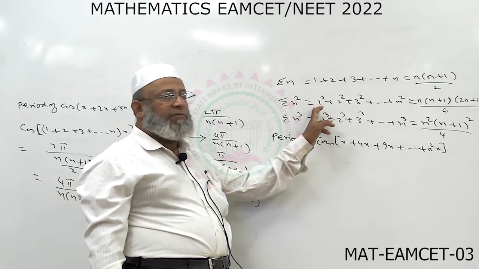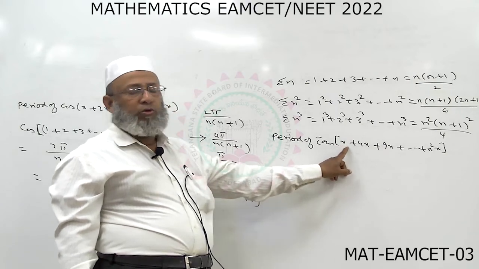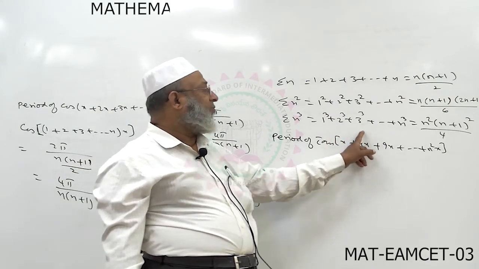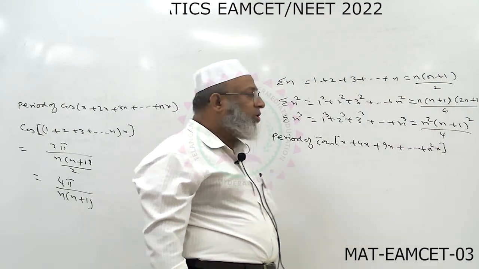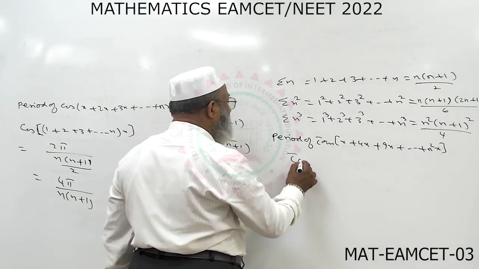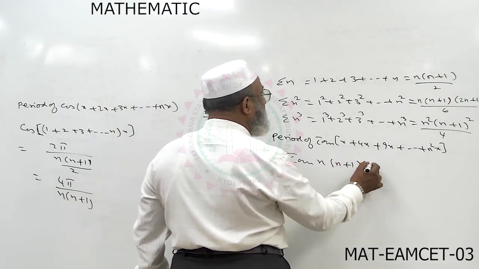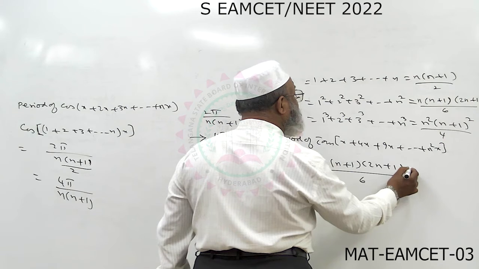What is the standard formula? 1 square plus 2 square plus 3 square up to n square. Here the coefficient is 1, then 2 square is 4, 3 square is 9, up to n square. So this is nothing but tan of n into n plus 1 into 2n plus 1 by 6 into x.